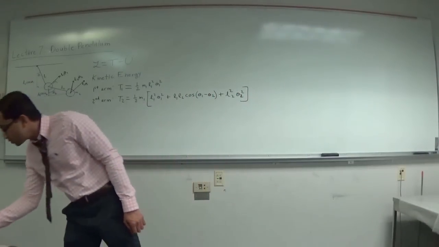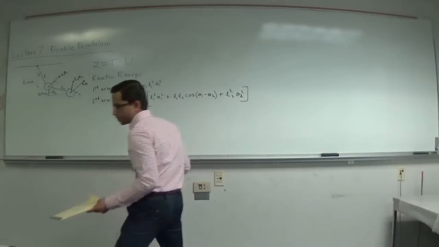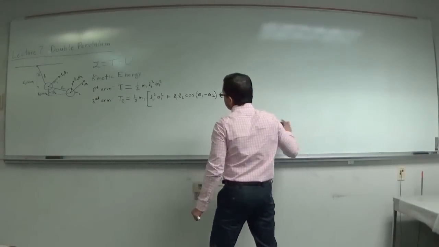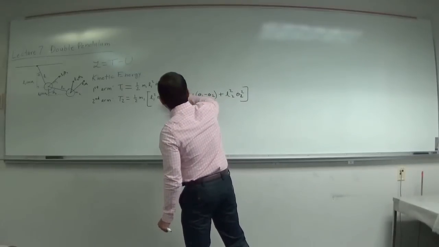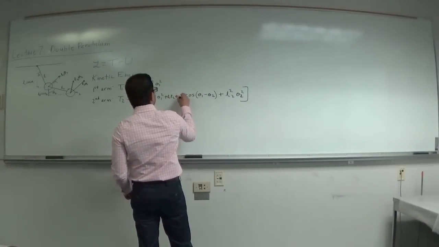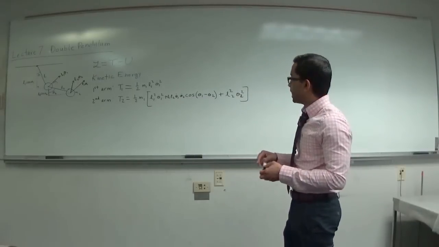So let me see if that's correct. Oh, I need a theta dot out here. Yeah, that's what I forgot. So I need this to be plus L1 L2 theta 1 dot theta 2 dot. So that's what it's going to be when we add the vectors together.